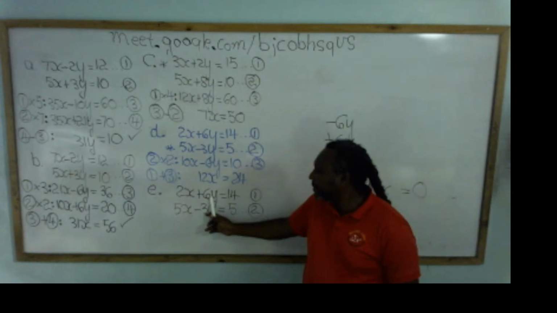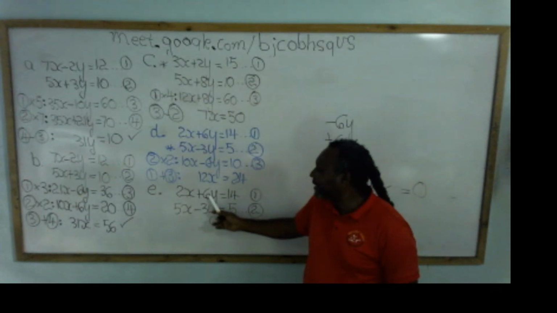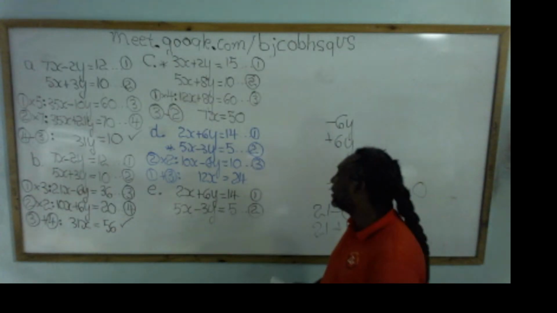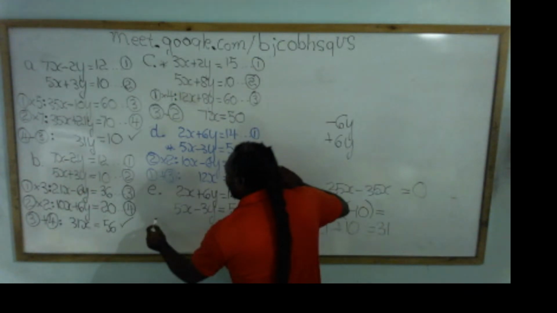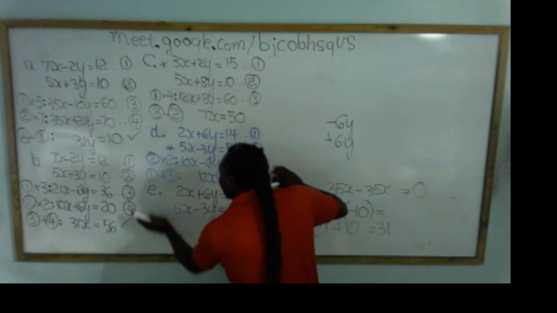So we see that the 6 is 2 times 3, and the 3 is half of 6. So we may then take the first equation, equation 1, and divide it by 3. Equation 1 divided by 3.